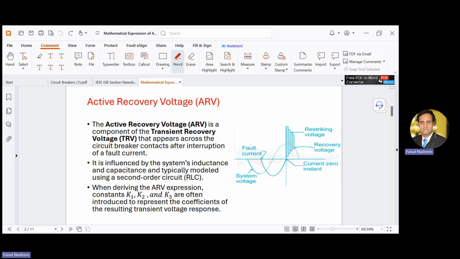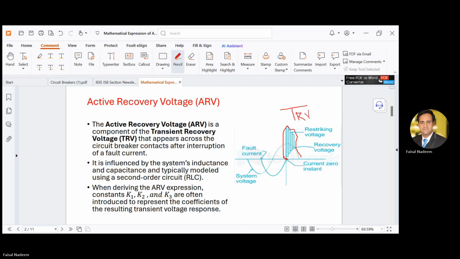Starting from here, the zero crossing, the current zero instant, all the way from here to here and up to this point, this whole area is indicating the transient recovery voltage, which is TRV.